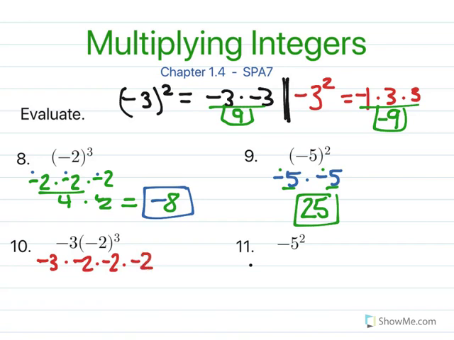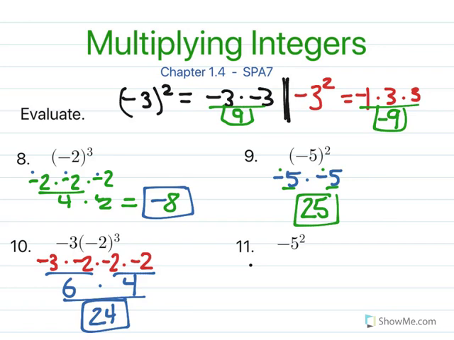Now, if you want to, you can say -3 times -2 equals +6, because a negative times a negative is positive. And over here, I have -2 times -2, which is +4, because a negative times a negative is positive. And then 6 times 4 equals 24. So my answer for 10 is simply 24.